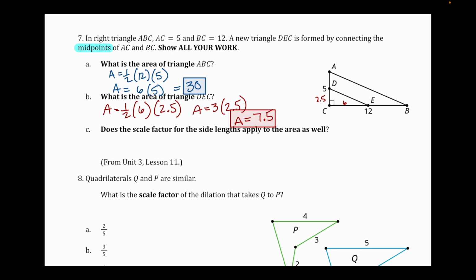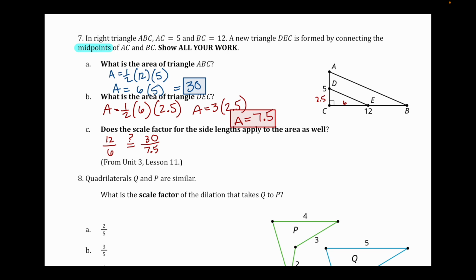Now, does the scale factor for the side lengths apply to the area as well? Well, the scale factor for the side lengths basically is 12 turning into 6. Is that the same as 30 turning into 7.5? And the answer to that is no, because one of these scale factors is 1/2 and the other is 1/4, or vice versa.